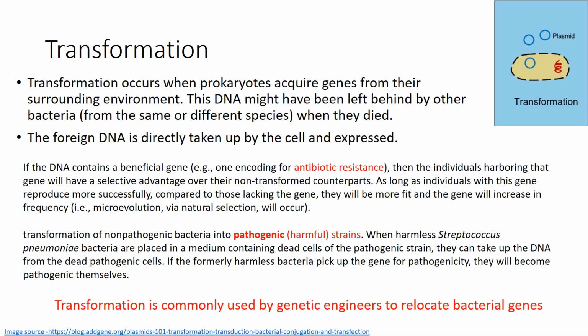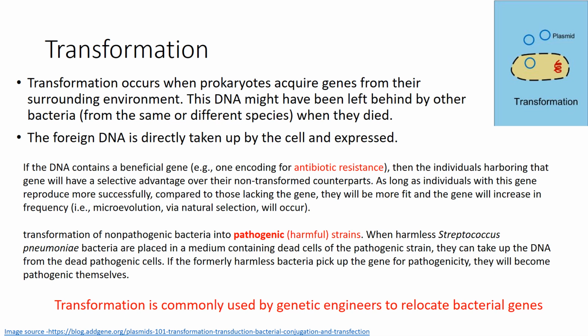So as long as the individual with this gene reproduces successfully, which also means that this gene sticks around in the cell without being removed, it will be more fit, right? And this can be called microevolution via natural selection. So this is an example of an advantage.